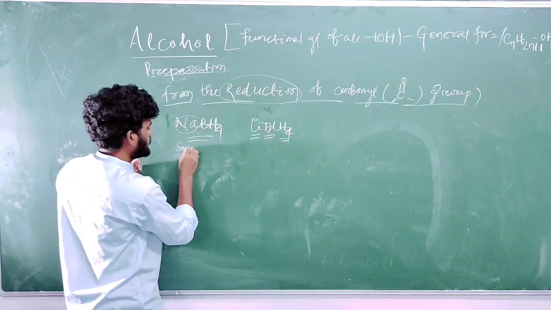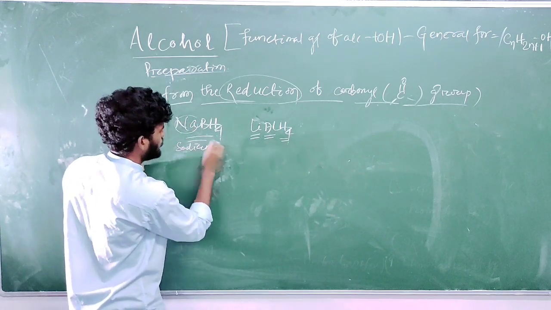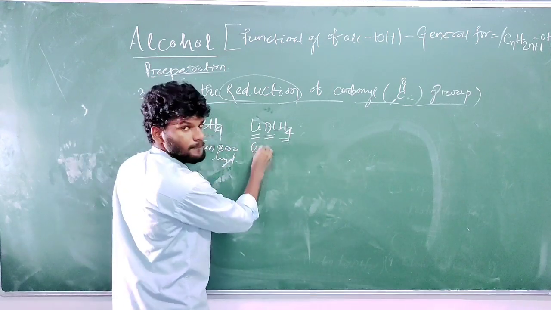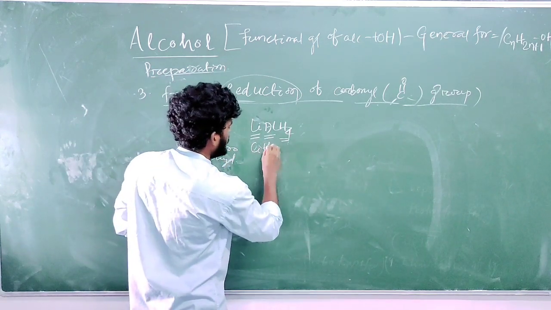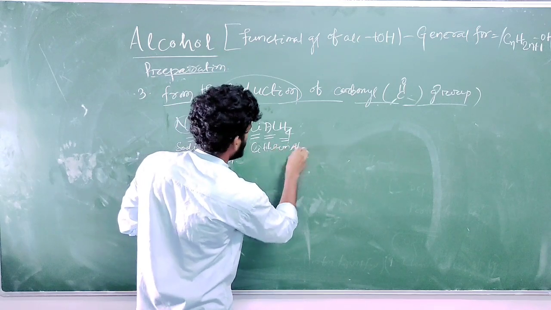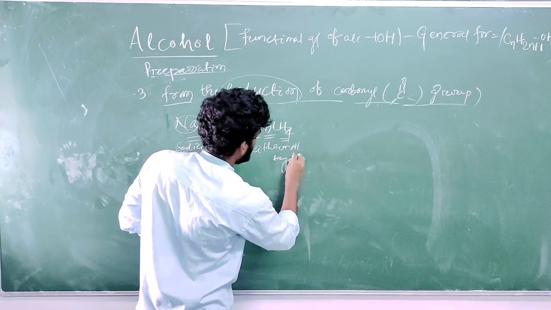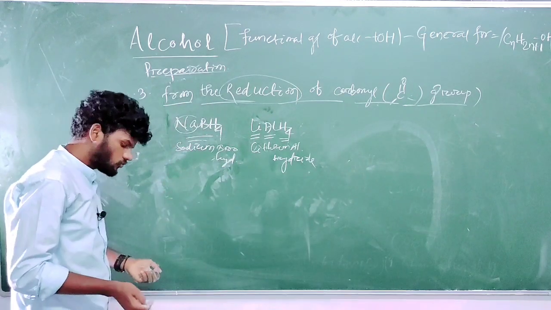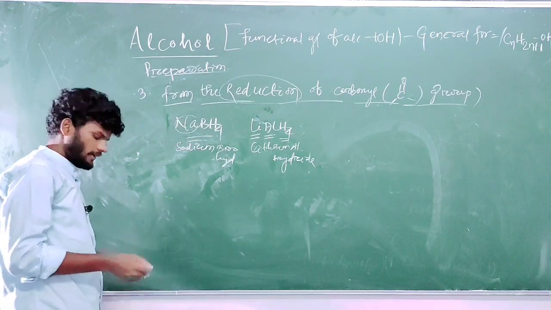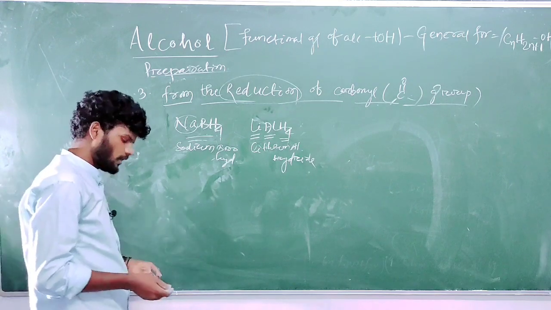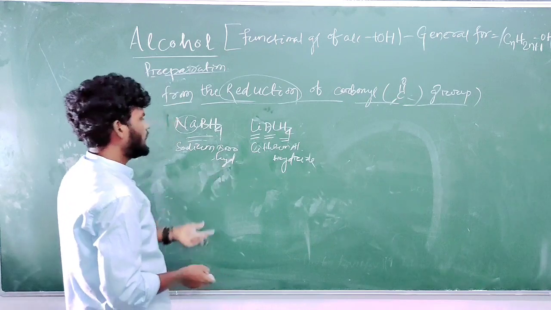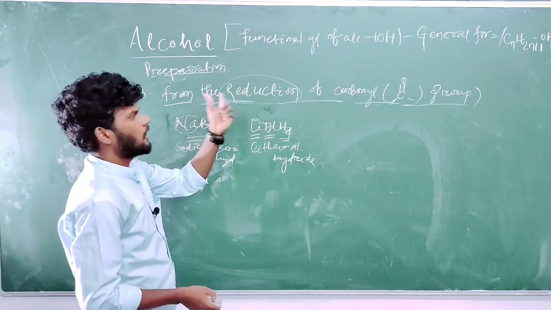Here is sodium, this is known as sodium borohydride, and this is known as lithium aluminum hydride. There are other reducing reagents which can reduce carbonyl groups, but these 2 reagents can effectively reduce the carbonyl group.